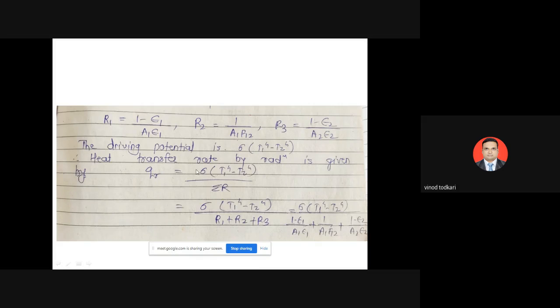So QR is equal to sigma into (T1 raised to 4 minus T2 raised to 4) divided by summation R. And how many resistances are there in this case? There are 3 resistances: surface resistance of plate 1, shape resistance of plate 1 with respect to plate 2, and third is surface resistance of plate 2. So QR will be equal to this sigma into (T1 raised to 4 minus T2 raised to 4). Simply I have substituted the values of R1, R2 and R3.